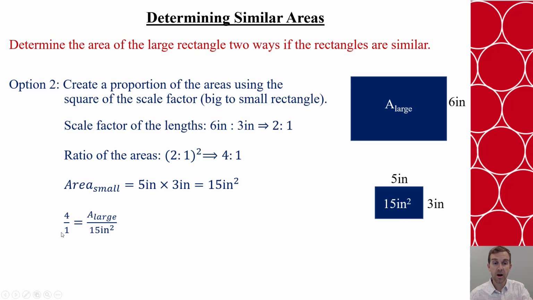So 4:1 equals the area of the large to the area of the small. I cross multiply and I'll get the area of the large is 60 square inches again. So whether I calculate a missing side, which I can do in this case, or I use the ratio of the areas, I will still end up with the same area for this rectangle.